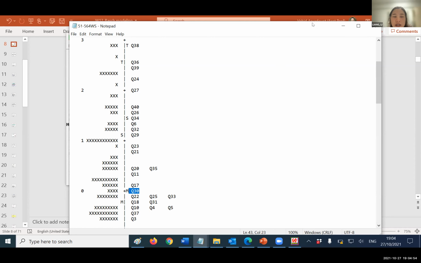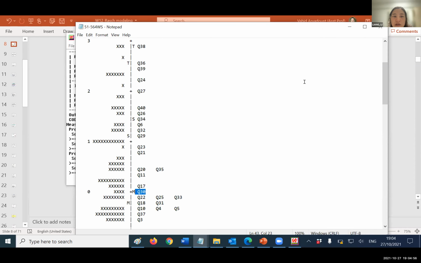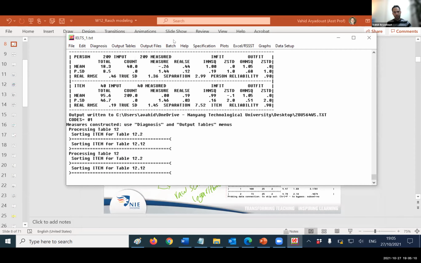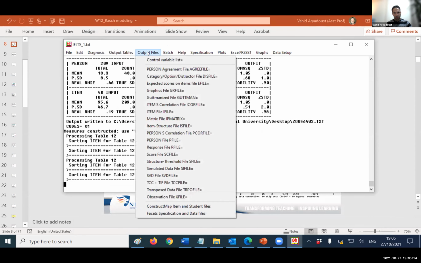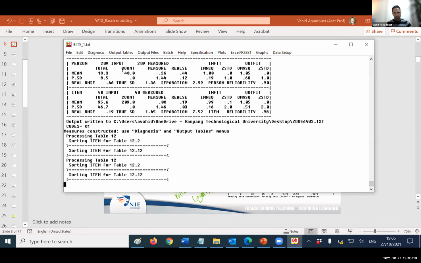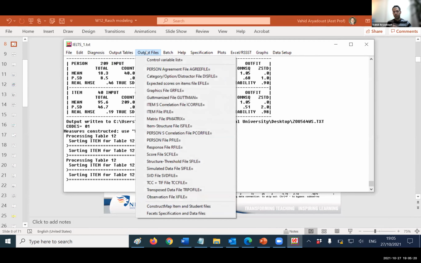How can you get the accurate percentage for the probabilities? Sorry, the accurate percentage of what? You just mentioned 80% chance to answer this question. Oh, you can output it from WinSteps here. I can output it later for you. It's in one of these options. You can output that probability estimate.